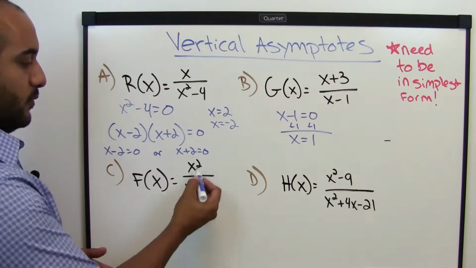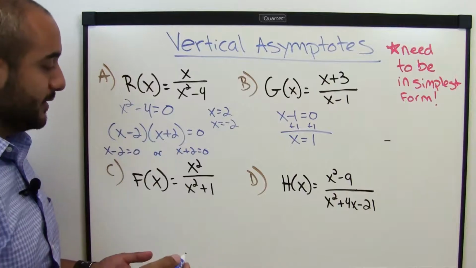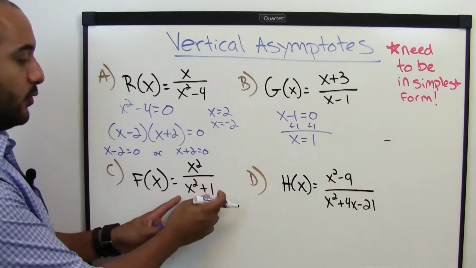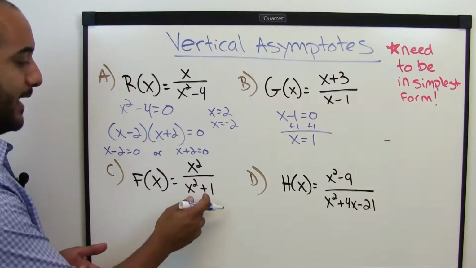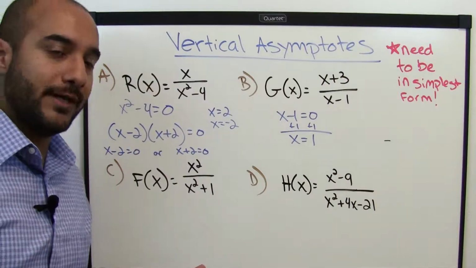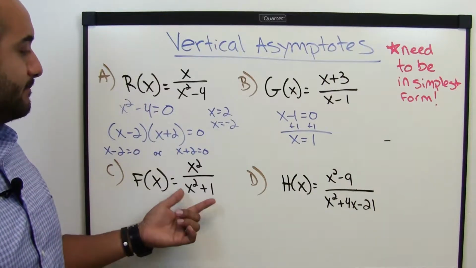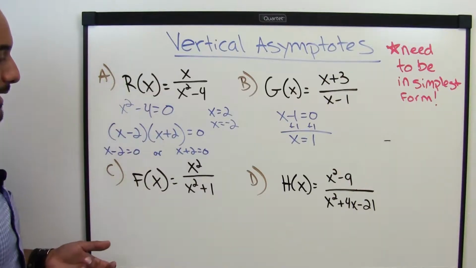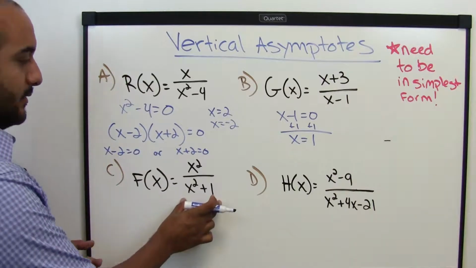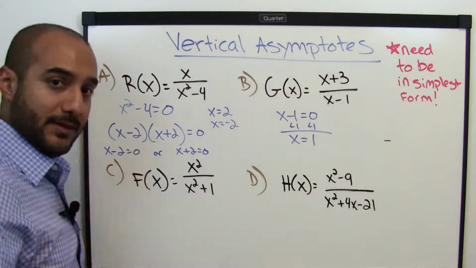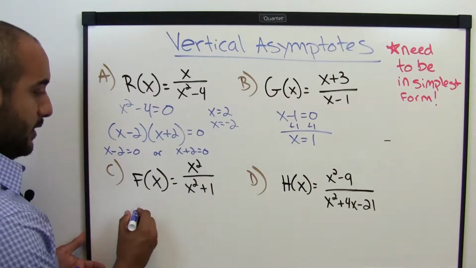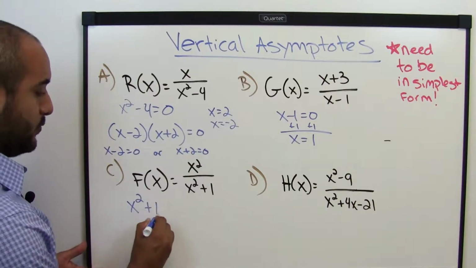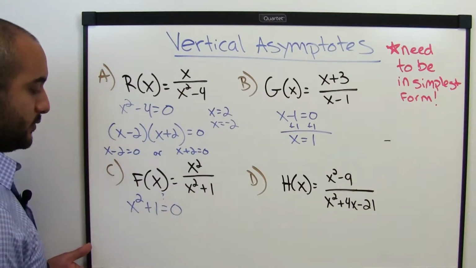Here, be careful. Don't start dividing here. Remember, this is a whole group. Can I do anything with a sum of squares? No, I can't. I can't do anything else here. So this is already in simplest form. And when I try to solve for my denominator where it's equal to 0, look what happens here. X squared plus 1. When is it equal to 0?